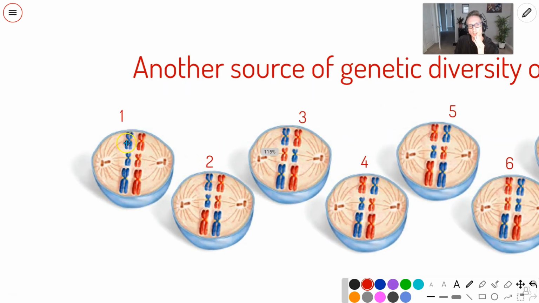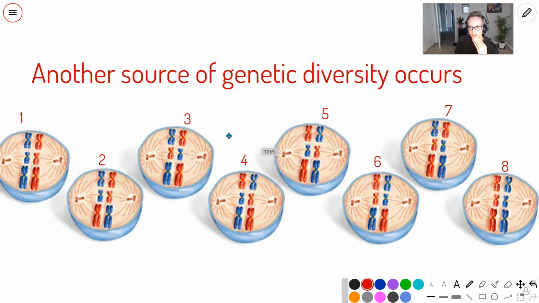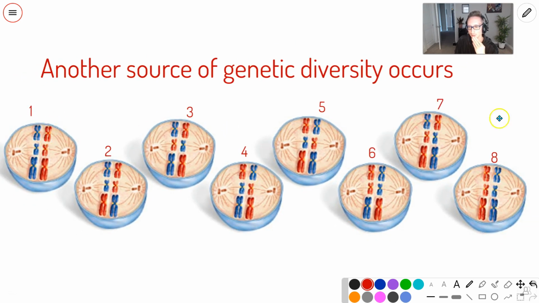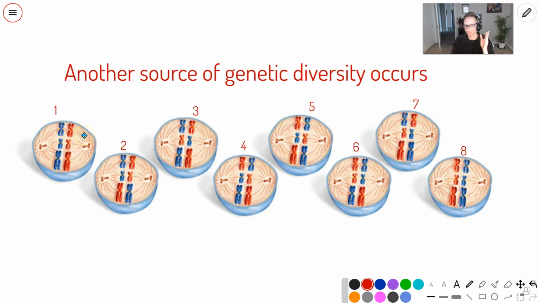We have the two different versions of chromosome 1 lined up like this, but they could be flipped, where the red is now on this side and the blue is on this side. You could see all the different variations of the way this could occur. They could be completely flipped, partially flipped, and so forth. So you have 8 different combinations, maybe more, if you have 3 chromosomes.